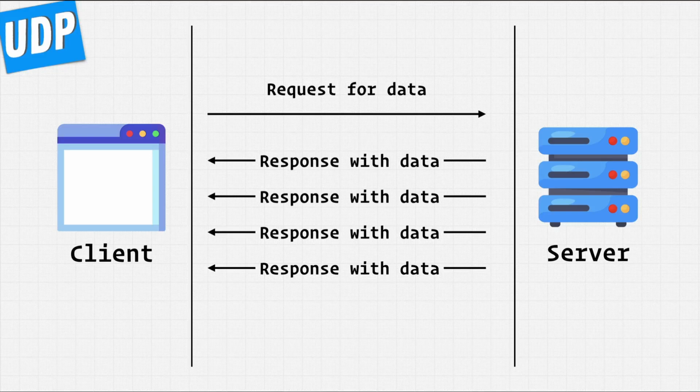Now, the reason why you would use UDP is when you need some type of protocol where you don't care about the data being guaranteed. This is where you're talking about things like video streaming, live streaming, voice over internet protocol like VoIP. These are all use cases for UDP. When you think about a live stream, the most important thing is that it's live.